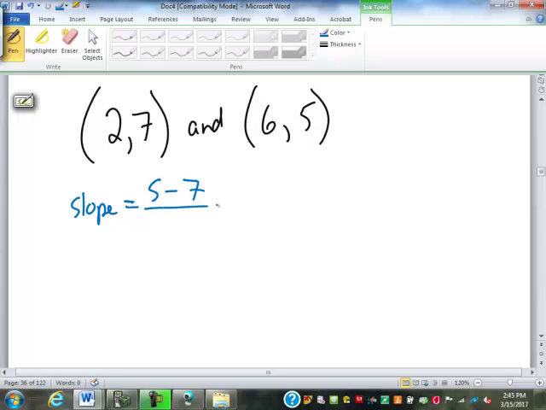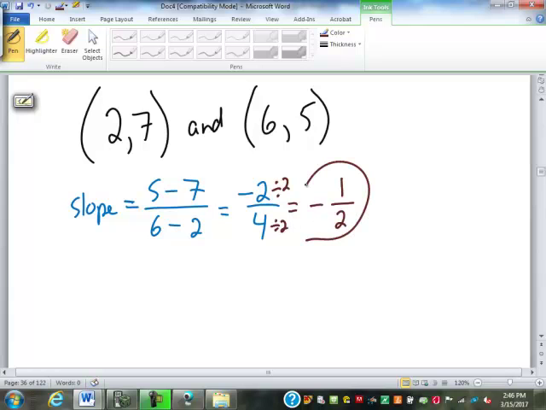Five minus 7 over 6 minus 2. 5 minus 7 is negative 2. 6 minus 2 is 4. So that is, put the negative out front, divide both numbers by 2, so negative 1/2.